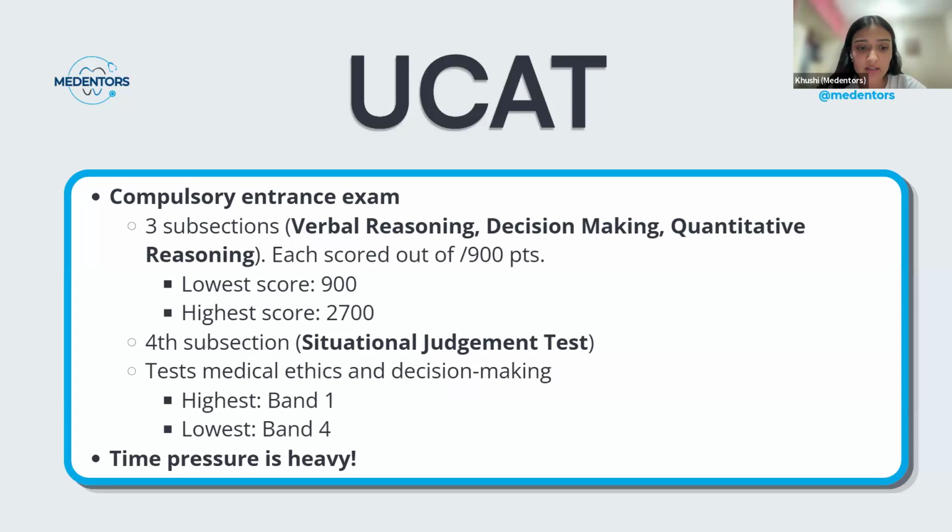You're not given points for that. It's assessed through bands, band 1 to band 4, where band 1 is the highest and band 4 is the lowest. Each university has criteria where they look at your points and will want a band 1 or a band 2, depending on where you apply. You can look at that on each university's criteria.